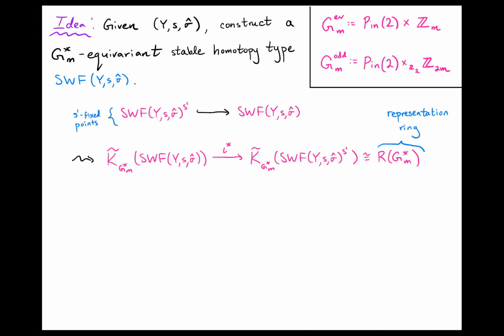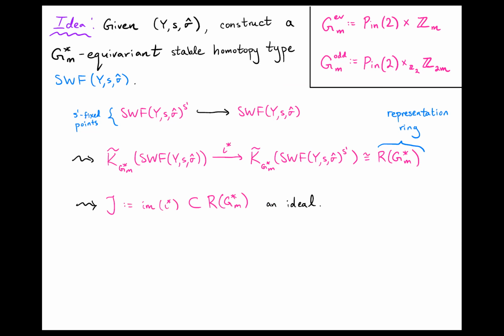What's nice about these spectra, you can prove that the equivariant K theory of the S1 fixed points is actually just isomorphic to the complex representation ring of G star M. This is a concrete thing, and in particular, it's a polynomial algebra.